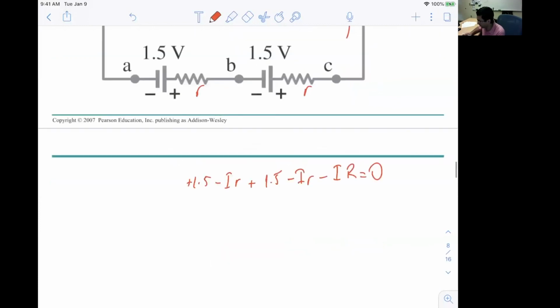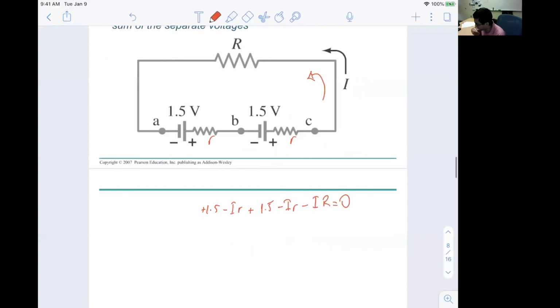As a rule of thumb, in terms of math, you can simplify this by 3 minus I to R, right?